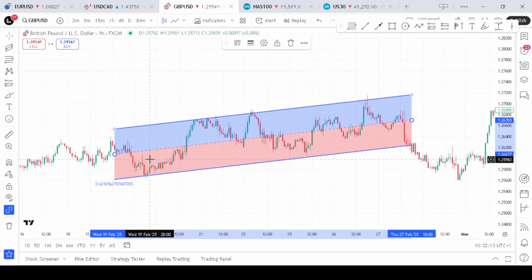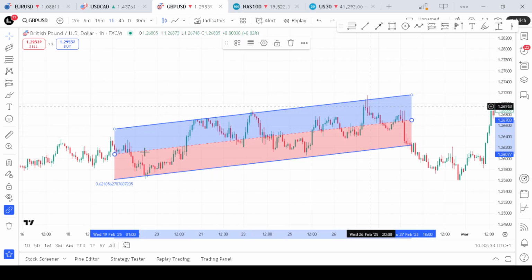But linear regression in Forex doesn't stop at just one line. Many traders use what is known as the linear regression channel, which is these lines. This is the channel over here, which consists of three lines: the first line in the center, one at the upper border, and one at the lower border.